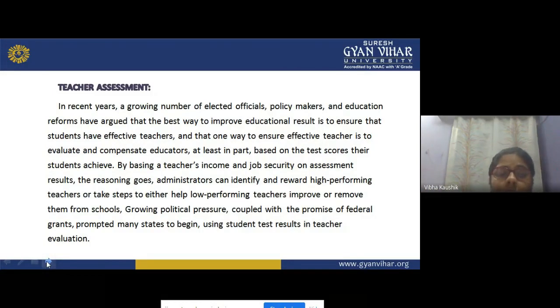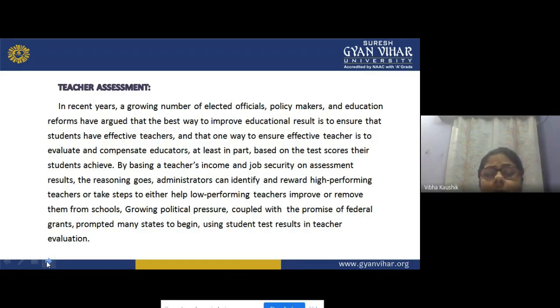Now, how to measure whether this teacher or that teacher is effective or not? By teacher assessment. One way to ensure effective teachers is to evaluate and compensate educators. For that, we have to evaluate teacher performance and compensate educators at least in part based on the test scores their students achieve.